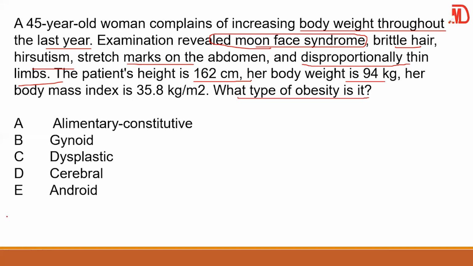So maybe, just maybe, we can connect the dysplastic to the Cushing disease to be the possible link. But again, I stand to be corrected. Please feel free to share your idea as well, as we are all learning together. All right. So over here, we are looking at this as a dysplastic type of obesity.